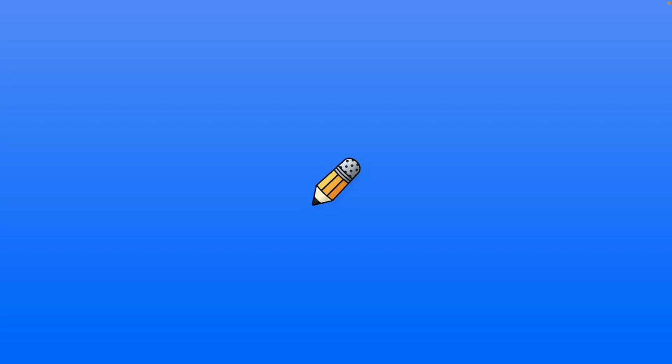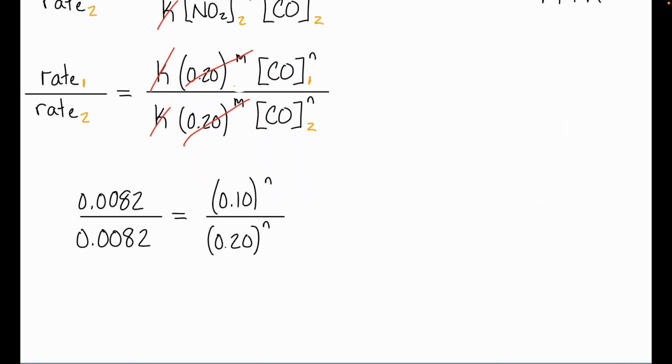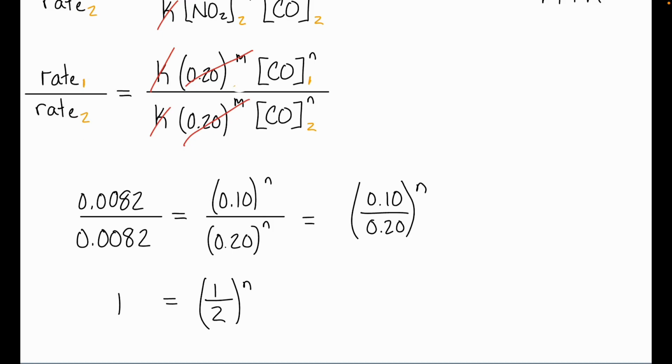Okay, so this would be 1. 0.1 divided by 0.2, we can punch into our calculator as 1/2, or 0.5, to the power of n. Oh, I guess just to be clear, I simplified this by pulling out that exponent, 0.10 divided by 0.20. Same thing.